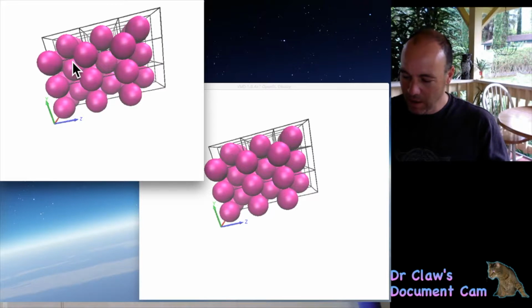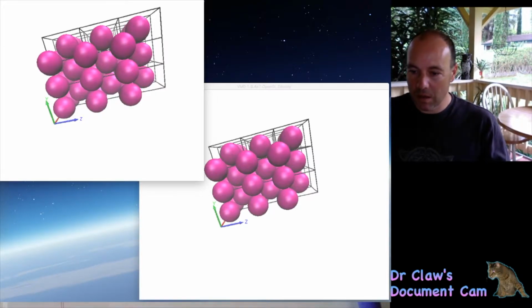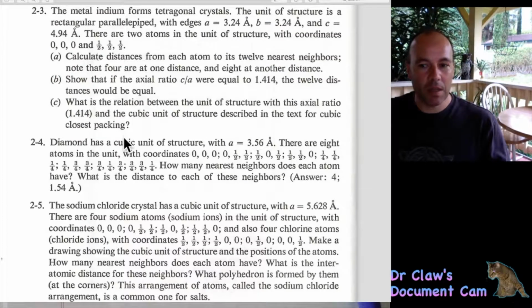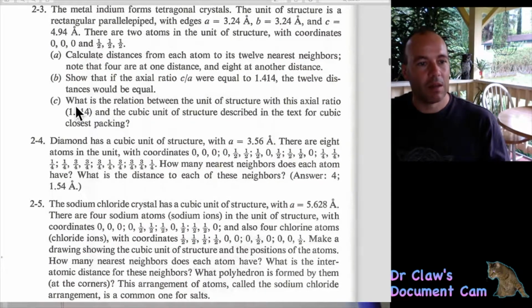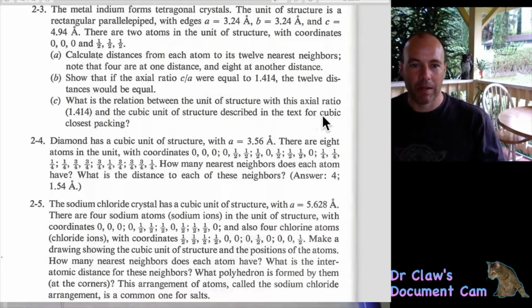Okay, now in part C, it asks what is the relation between the unit of structure with this axial ratio. So in other words, what's the relation between the lattice for part B and the cubic unit of structure that's described in the text for cubic closest packing?